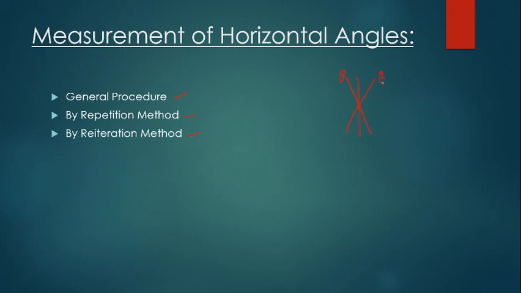Upon averaging you will get the exact center line. So if there is any error in the reading also, by averaging these two, that error will be eliminated. That is why we do face right and face left observations.